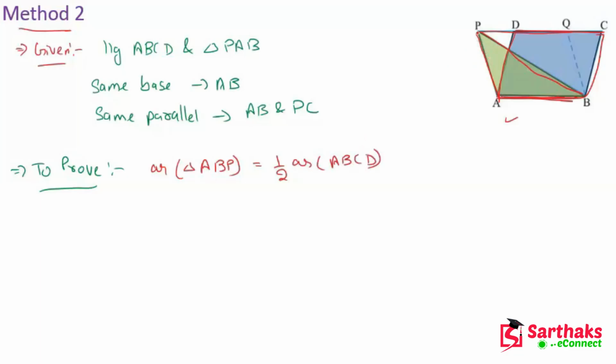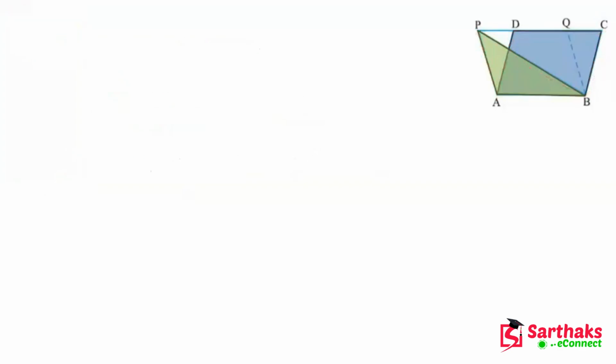Means the area of this triangle and the area of this parallelogram. So the area of triangle ABP is equal to half of the area of parallelogram ABCD. Okay, I hope you get this point. Yes. So now let's start to prove this theorem.